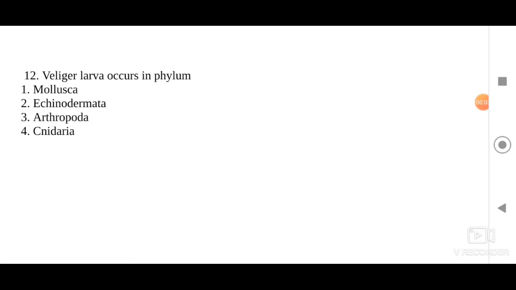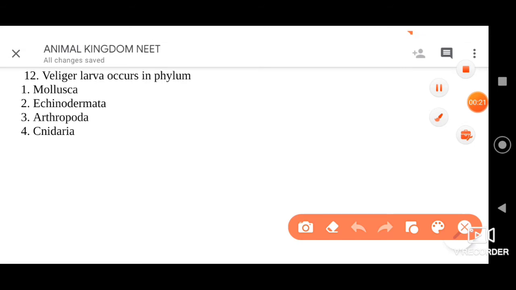Moving on to the next question, we have: Veliger larva occurs in phylum. We need to identify among the 4 given phylums which phylum shows indirect development having Veliger larva.